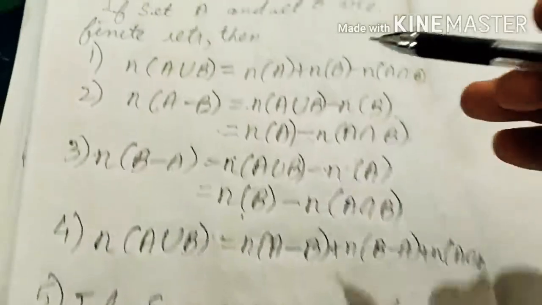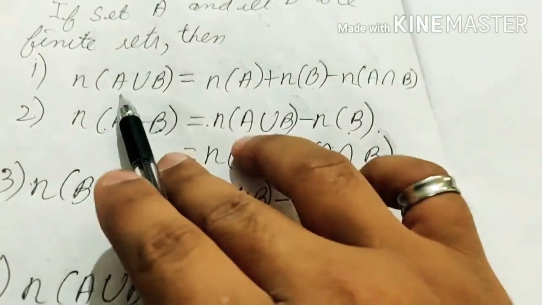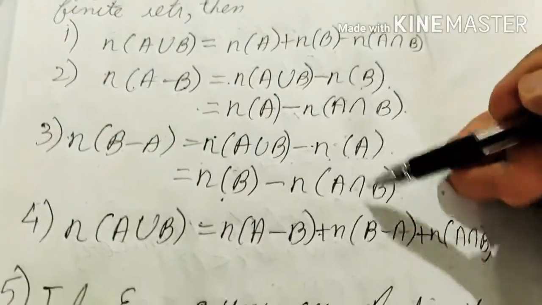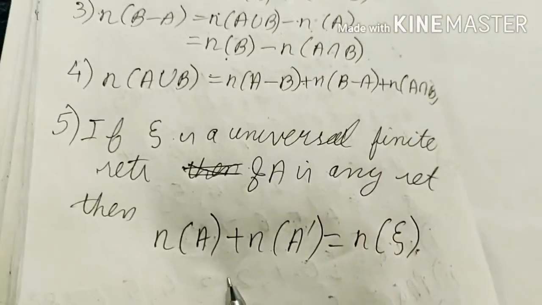So these are the 5 properties here for cardinal number: 1st, 2nd, 3rd, 4th and 5th.